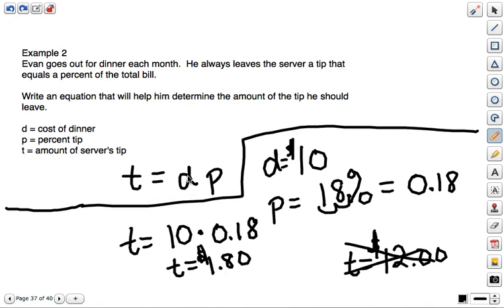Okay, because typically when you give a tip, it's usually going to be less than what you pay for dinner. Okay, so always look at your answers and just make sure that they're reasonable. So this is just a way for you to check and see if that equation worked out all right.